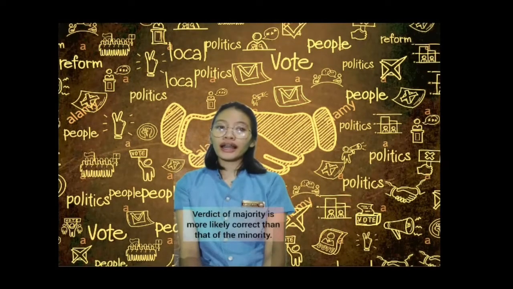Democracy assumes that in a society of rational beings, the judgment and experience of the many will in most instances be superior to the judgment and experience of the few, meaning the verdict of the majority will more likely be correct than that of the minority. It is of course to be understood that the majority acts within the pale of the law, or in short, majority wins.